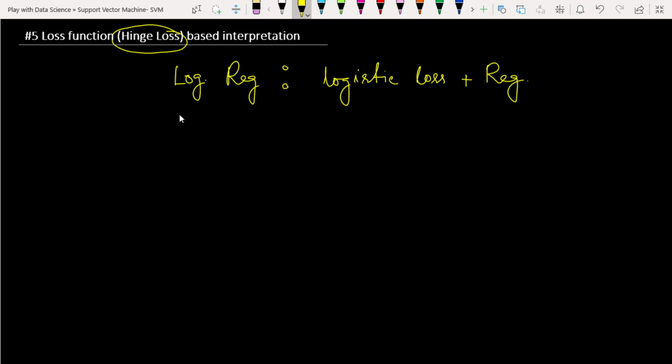In linear regression, if you remember, it is also the same. Instead of logistic loss, there we consider the linear loss, and also some regularizer term.